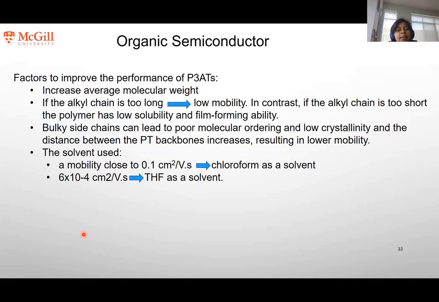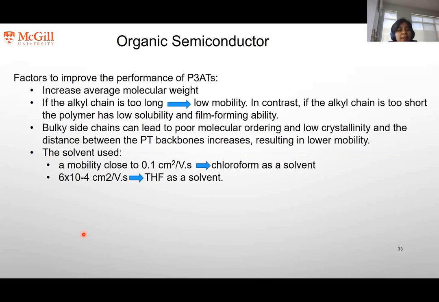The reason is that if we have a bulky side chain, the distance between the P3HT backbones increases, which results in lower mobility. And the fourth thing to look at is the solvent that we use.